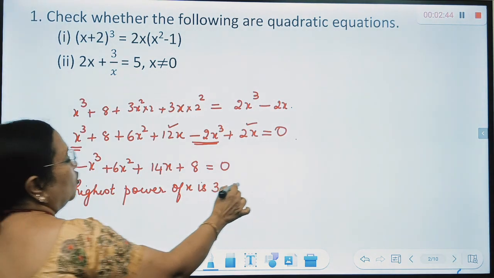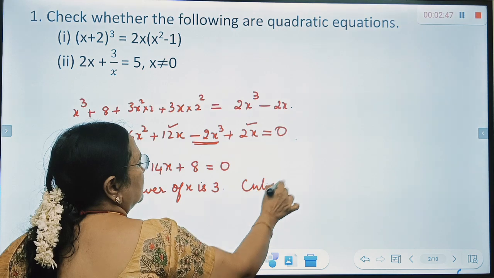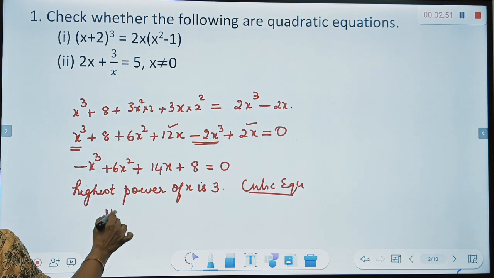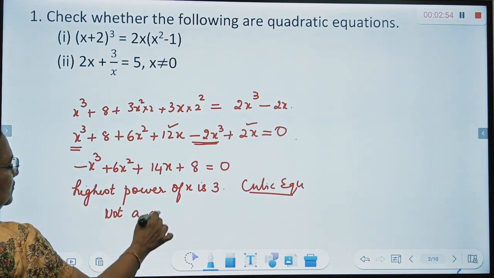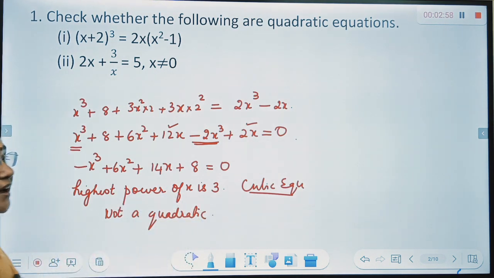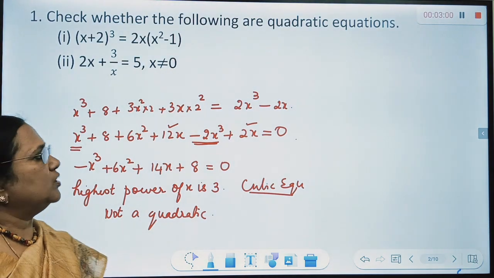So it is a cubic equation, not a quadratic. So what we are discussing now is the identification of quadratic equations.